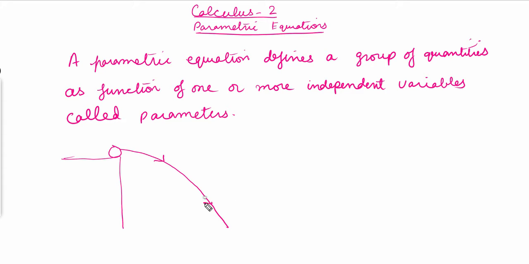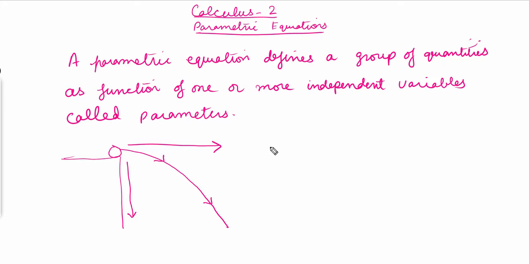Now we are going to write down the parametric equations that will define the horizontal motion and the vertical motion. As you can see over here, the object is moving in both directions. It is moving forward, towards the right, in the horizontal direction, and also it is moving downwards, that is its vertical direction. So we are going to write down two equations for its motion, and those two equations will be represented in a single variable.